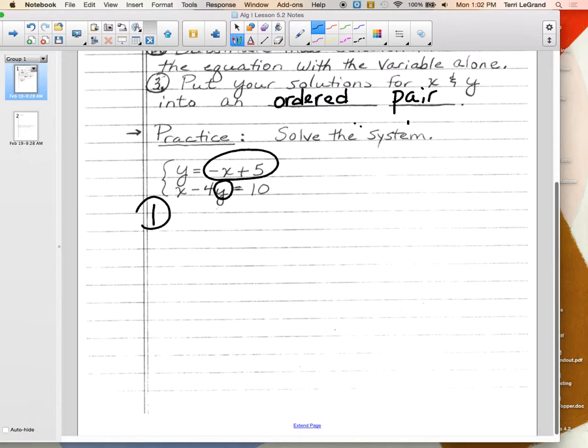So step number 1, you're going to write down the other equation, the one that doesn't have the expression circled in it. Let's change that to add the opposite. I highly recommend you change all subtraction to add the opposite today, because when you substitute in, you want to make sure you do your distributive property and simplifying properly.